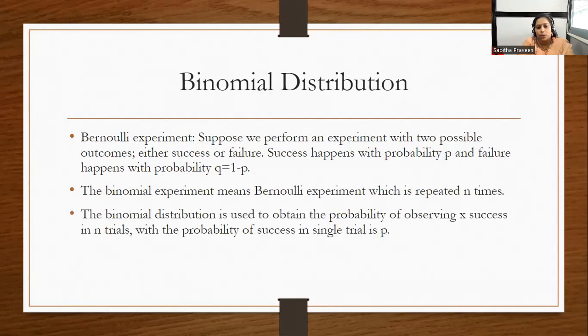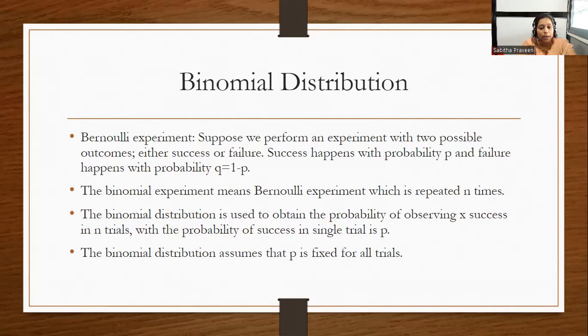The binomial distribution is used to obtain the probability of observing X successes in n trials, where the probability of success in a single trial is P. So here we find how many successes we obtain if we perform the experiment n number of times.